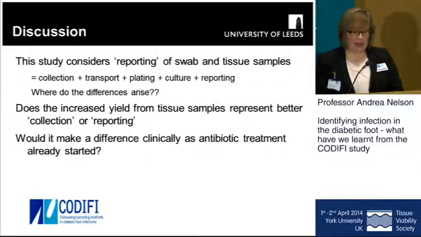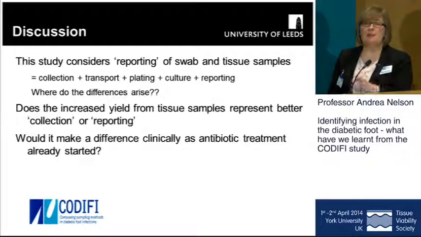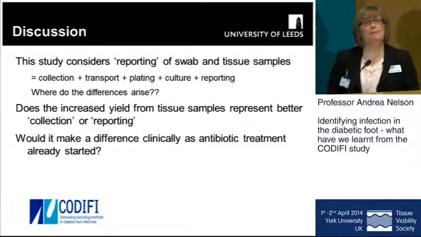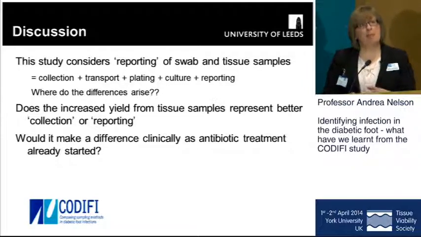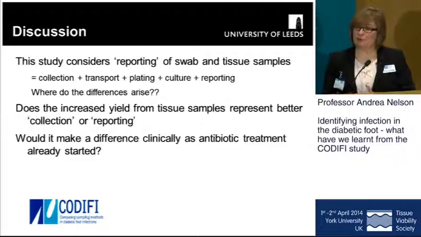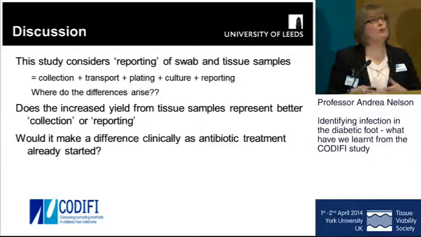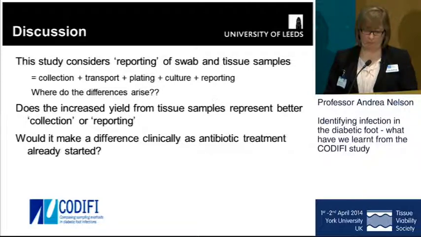So before I finish, I just wanted to reiterate that this study looks at the reporting of swab and tissue samples. And William mentioned earlier that the microbiologist may treat swab and tissue samples differently depending on the information that's provided to them. We're only looking at reporting.